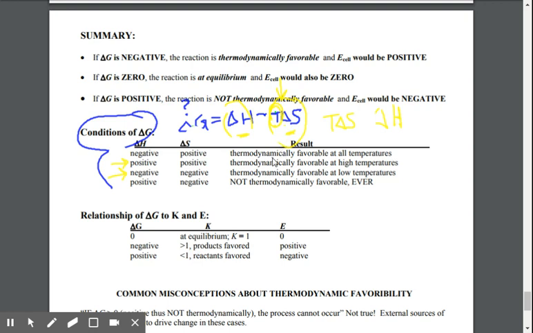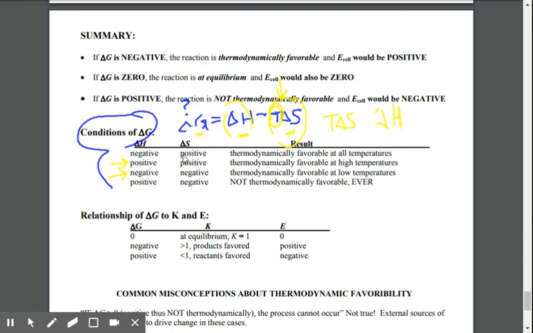Now, what will happen mathematically? Well, I have a negative quantity here, a negative and another negative makes a positive. So it really depends on which value is greater. If my delta H value is greater than my T delta S value, then that means my delta G is going to be negative. But if my T delta S value, you see how the negative and negative is going to make a positive, is greater than my delta H value, then that means my delta G would be positive.